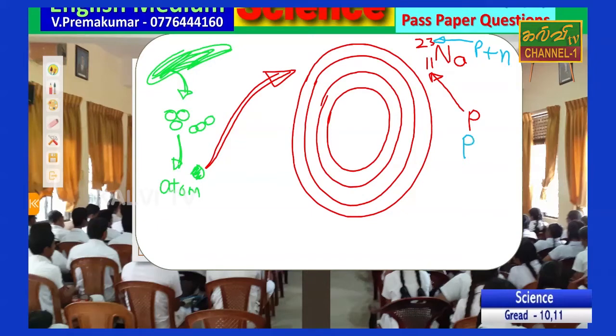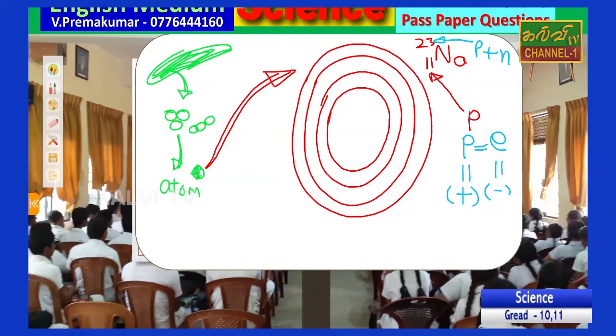Protons are equal to electrons. Here the number of protons is 11, electrons also 11, because the positive charges and negative charges are equal.